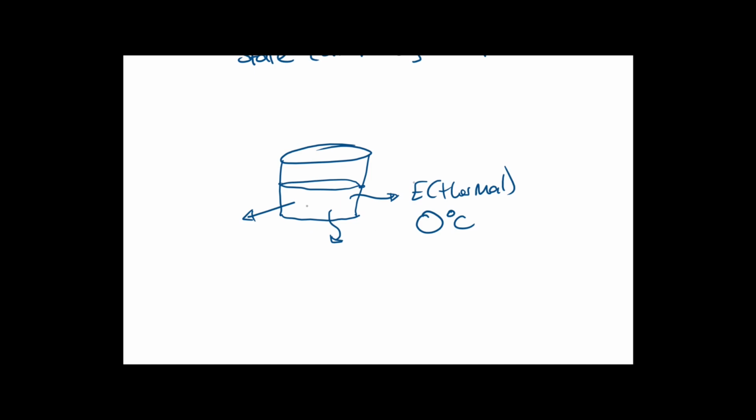We have to take out a lot more energy in order for it to become ice. And once it becomes ice, it will then start to go down in a linear fashion.